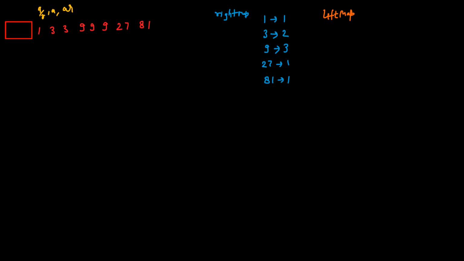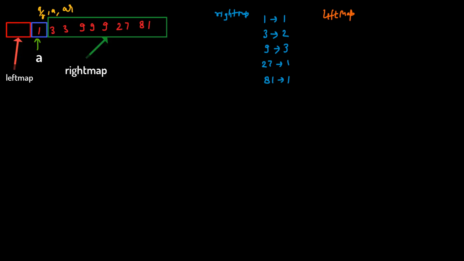So let's process this array, treat each individual element as a, and look for A by R. When you process this element, suppose you are processing this one, you need to decrement the frequency count of 1, because now this is not a part of the right map. Initially we have not started, that's why it was part of the right map, but when we take it for processing as a, it will not be part of the map.